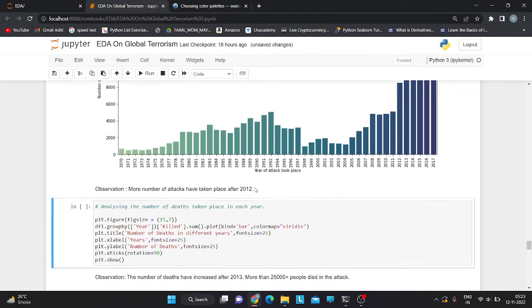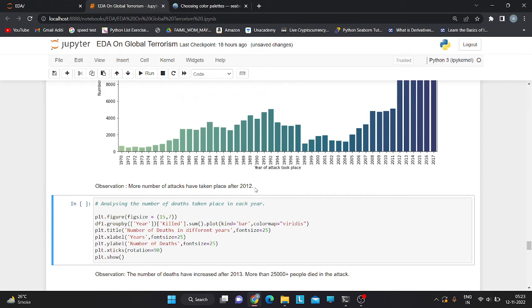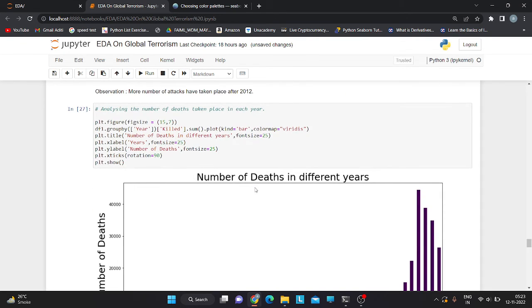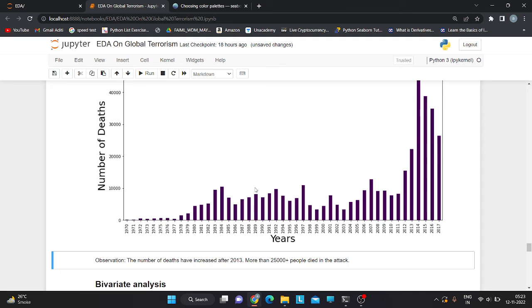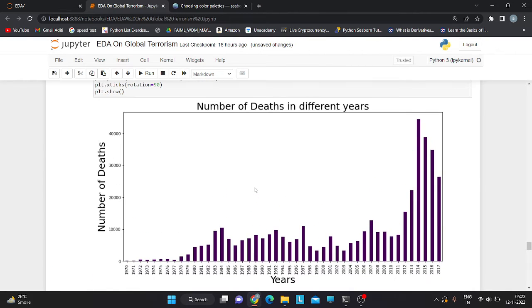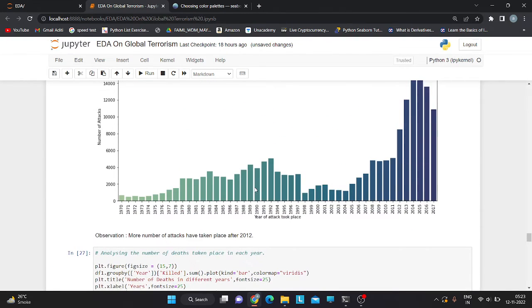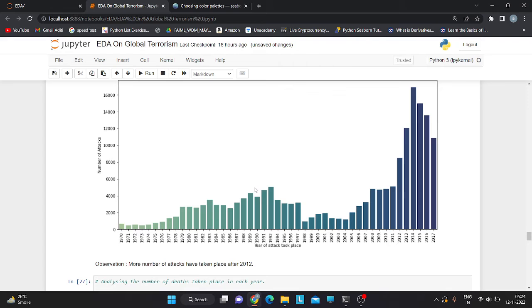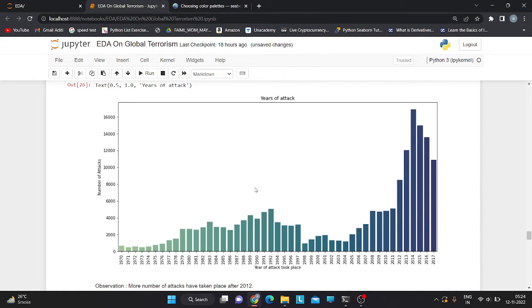Now let us understand the number of deaths that have taken place every year with the help of a diagram, obviously. As we have observed in the previous figure, after 2012 the attacks have increased.